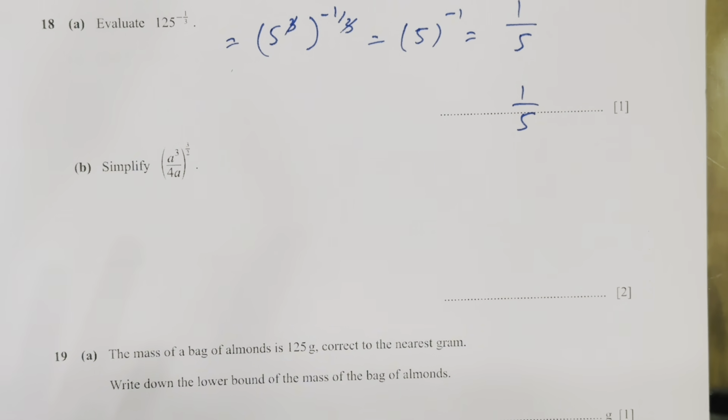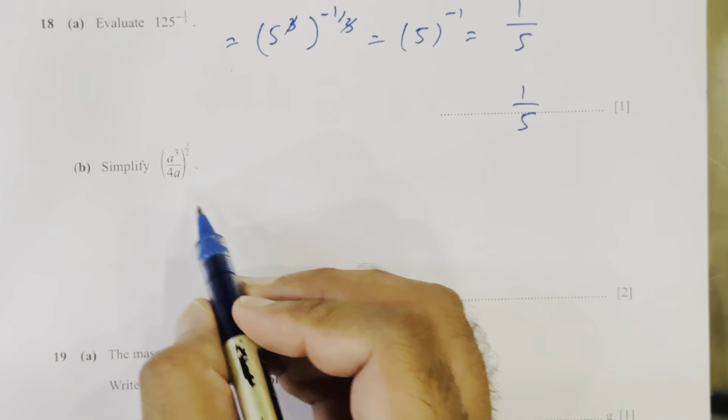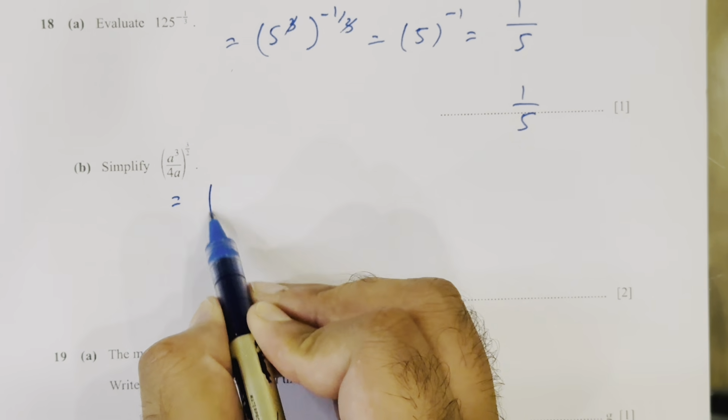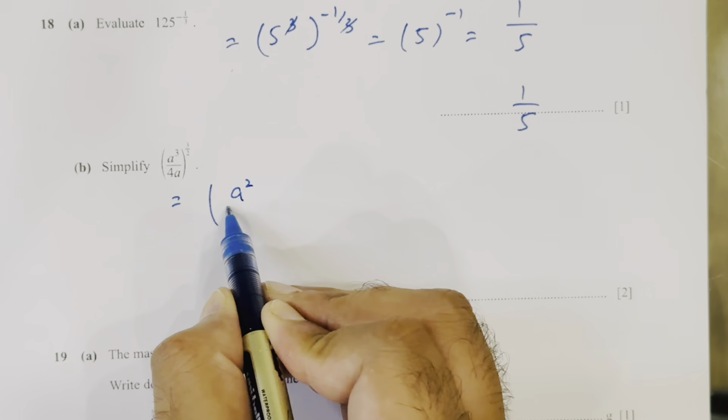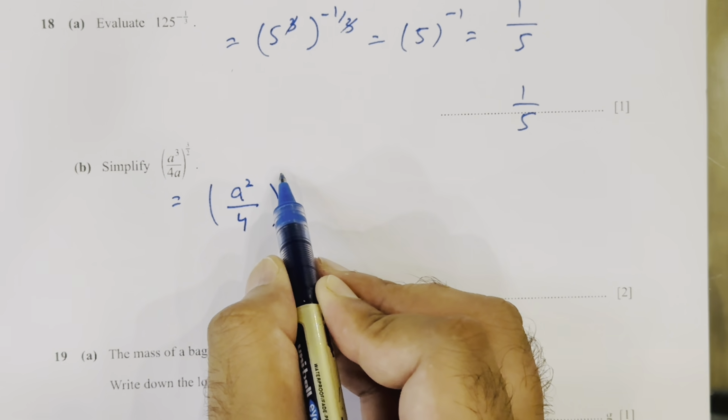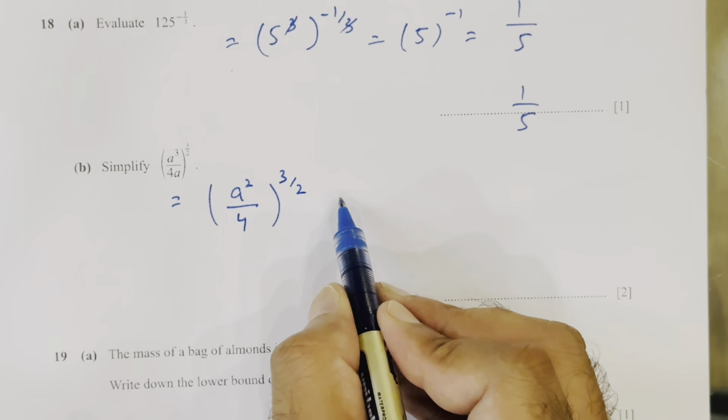Next is B part. Simplify a cube over 4a raised to power 3 by 2. First we're going to simplify the inside of the bracket. It would be a square over 4, raised to 3 by 2.